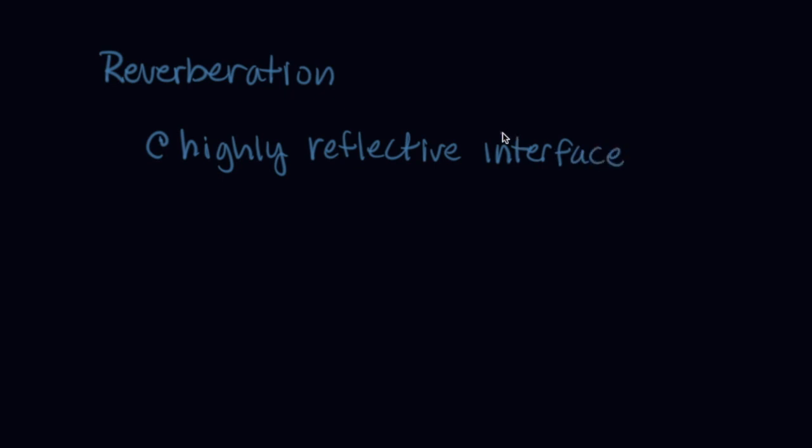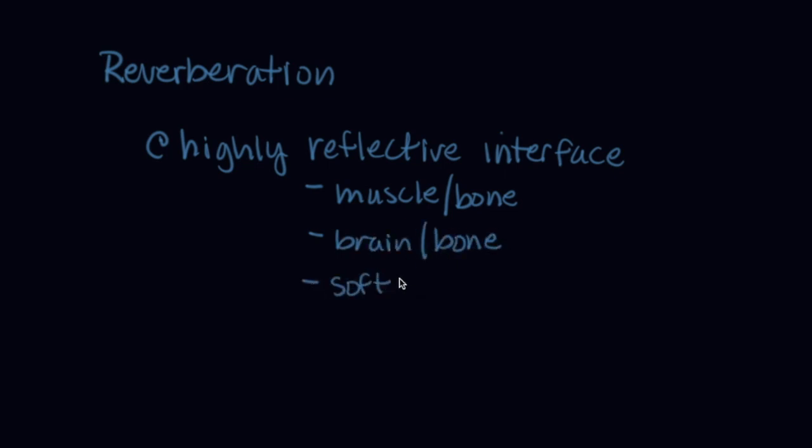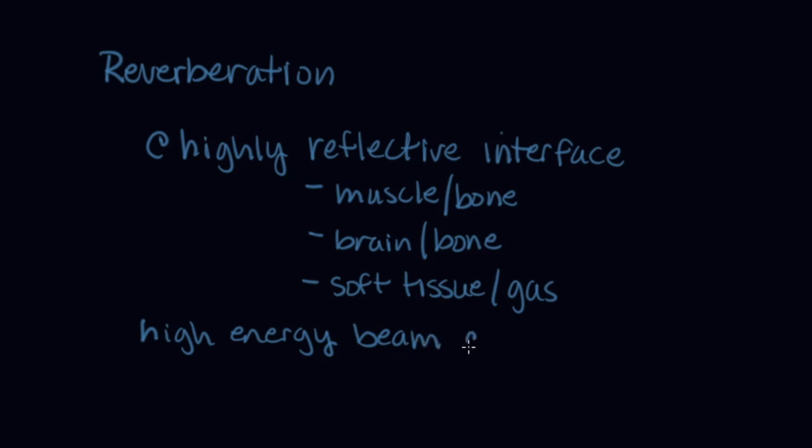Reverberation or multiple reflections occur at highly reflective interfaces, such as muscle to bone, brain to bone, and soft tissue to gas. This happens when the high-intensity ultrasound beam is reflected back to the transducer, hits it, and is reflected back to the tissue a second time.